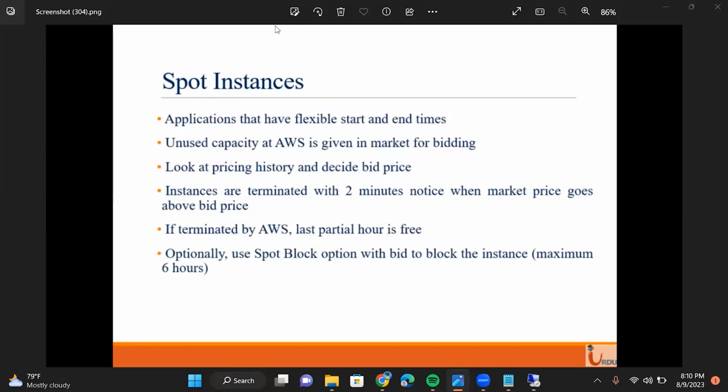First, why spot instance? Like why bidding? Can anyone give me an answer? Why are we bidding in AWS? Like they are just compute services. Why are we bidding on them? Any idea?